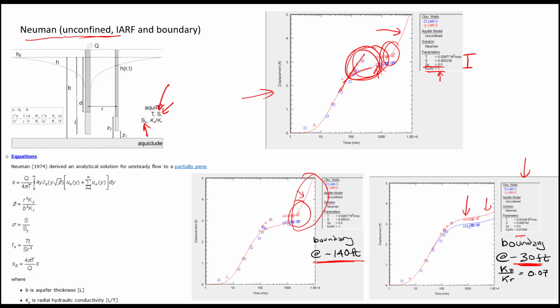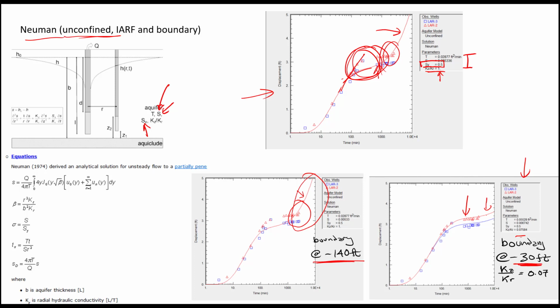One thing I should point out too is this specific yield. So that specific yield of 0.5 is the maximum specific yield that I allowed. Specific yield can't be any greater than the porosity, and saprolite can have pretty high porosity. I've measured porosity in saprolite up to 0.6, so it might be possible to have a specific yield that high. This is higher than you usually would think.